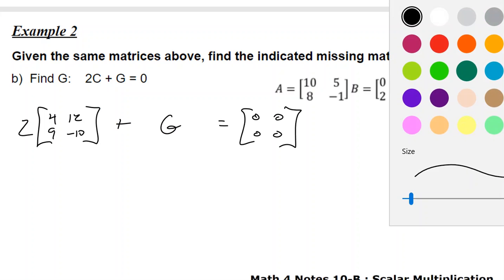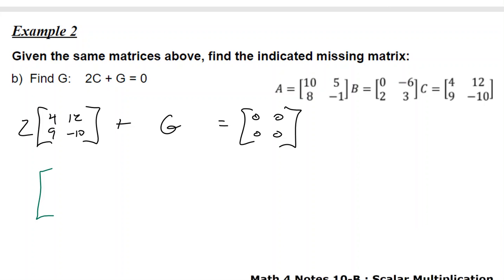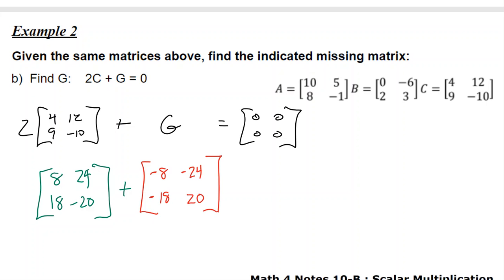So 2 times 4, 2 times 12, 2 times 9, 2 times negative 10. And we're going to figure out, all right, if it's going to add up to be 0, then this is going to be negative 8. This is going to be negative 24. This is going to be negative 18. And this is going to be positive 20.